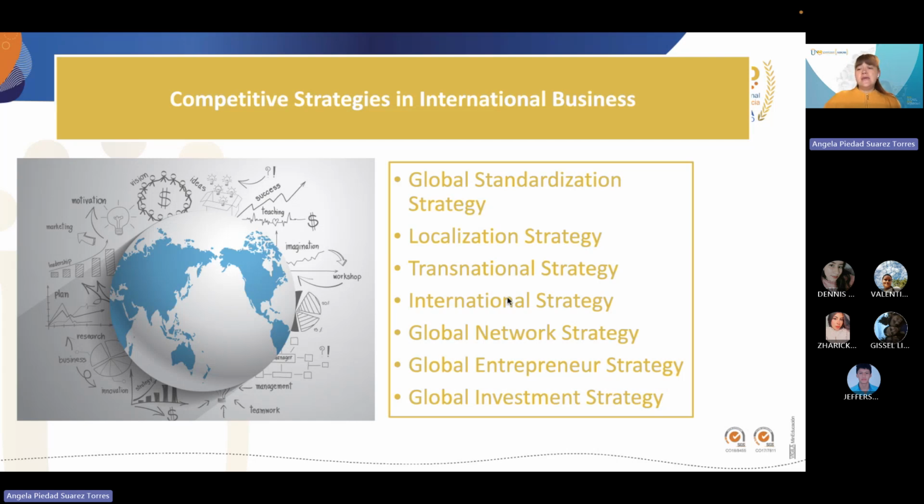In this case, we can see that it is more related with services because sometimes when we talk about production, it's a little more complicated to just have the main company in one country and to export everywhere.